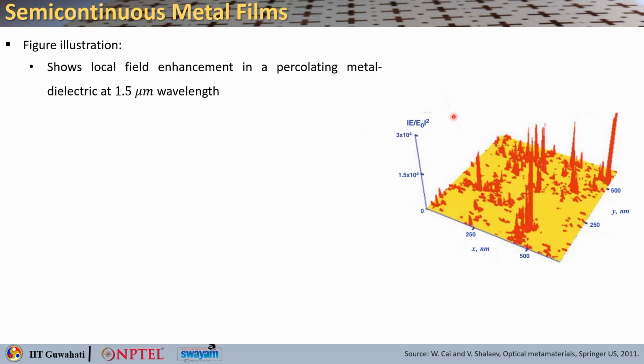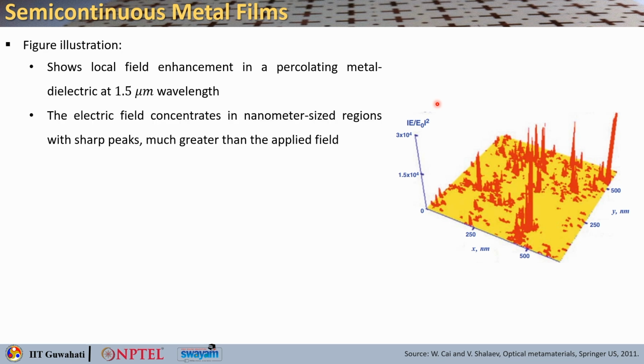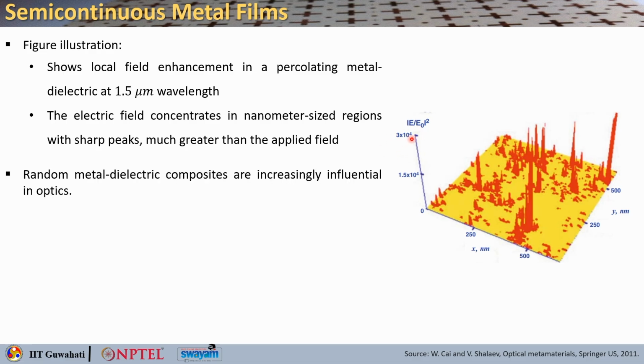That tells you how much local field enhancement is taking place. You can see the spikes show some nanometer sized regions between the islands where you can see sharp peaks, which are much greater than the incident field. You can see the scale here, something like 3 into 10 to the power 4.